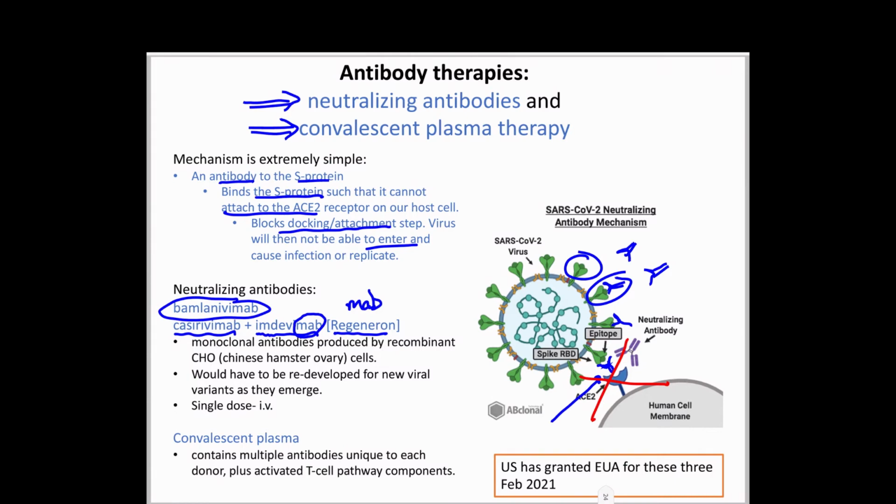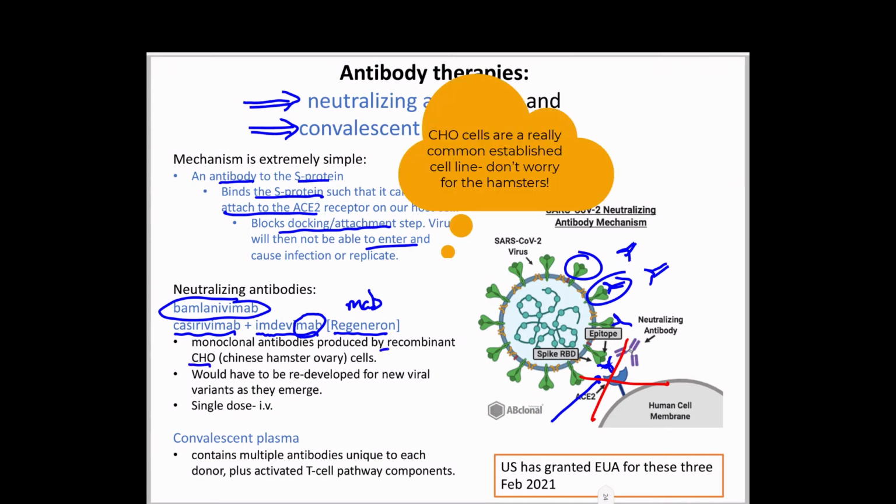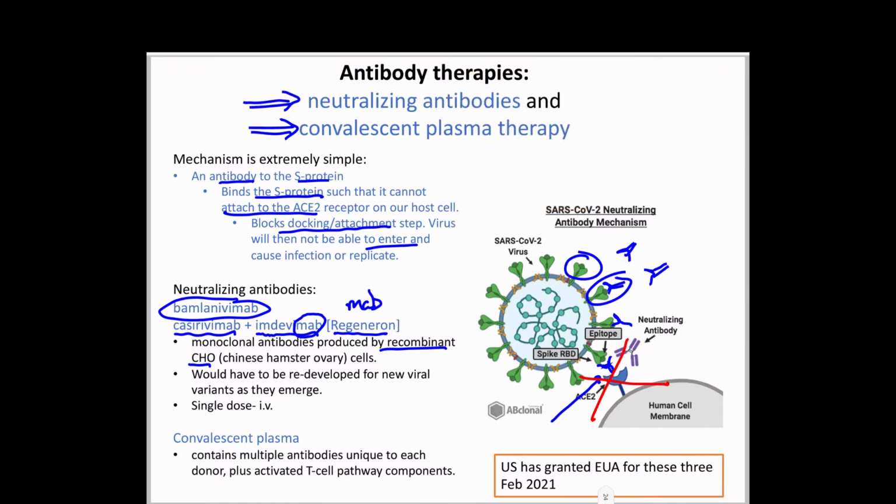Monoclonal antibodies also have to be grown and created in a cell culture. And in the case of these 2 antibodies, they're being grown in Chinese hamster ovary cells that contain that S protein gene. So these are grown in non-human cells.